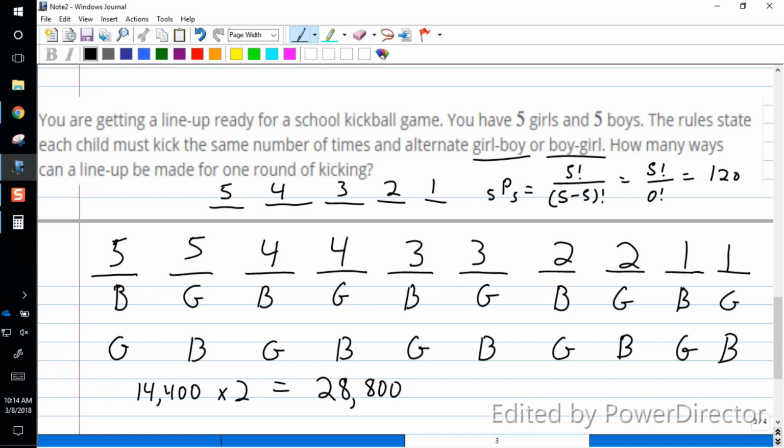So then the answer would be 120. But the problem is that we have to line 10 people up in a line to kick a kickball. We have 5 girls, 5 boys, and we need to alternate. It needs to be boy, girl, and so on and so forth, or girl, boy, and so on and so forth. So that's what makes this word problem kind of unique.